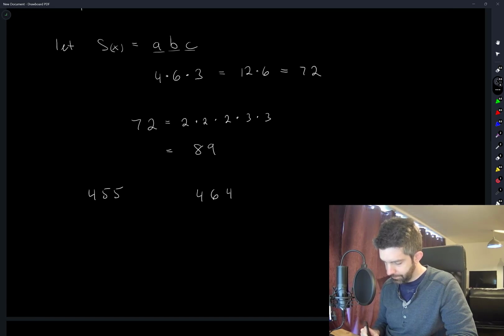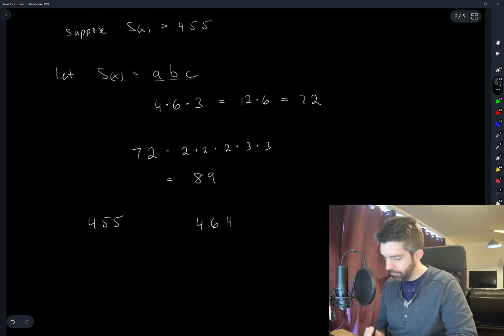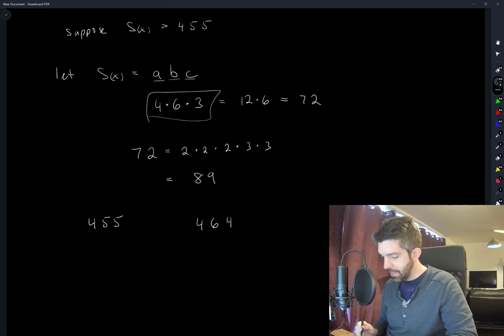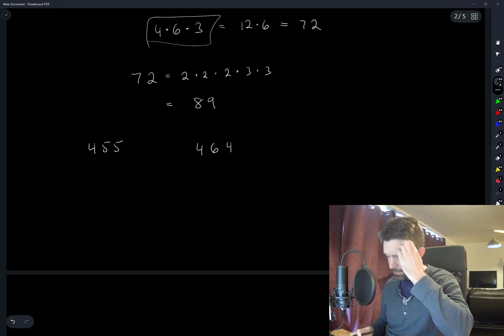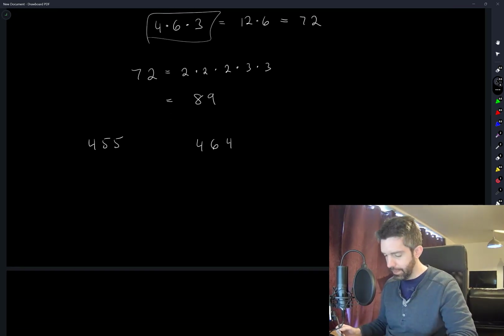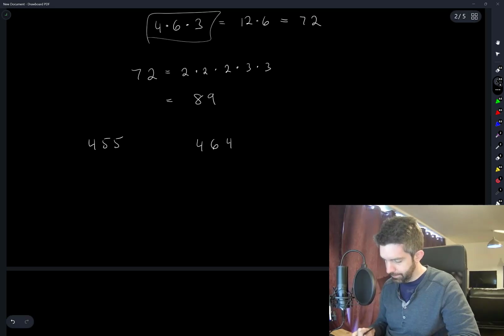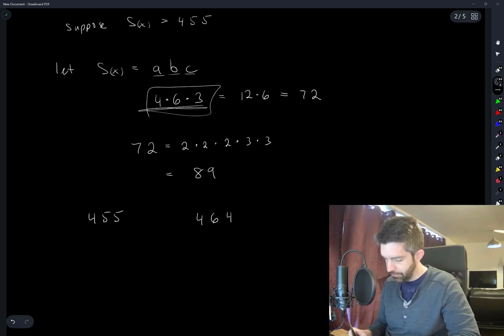But no, here's another problem with this. The digits have to be in increasing order, right? Because this is not even a candidate, so 463 can be rewritten as 346.